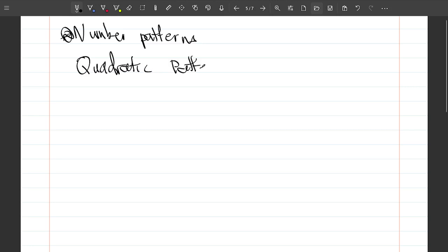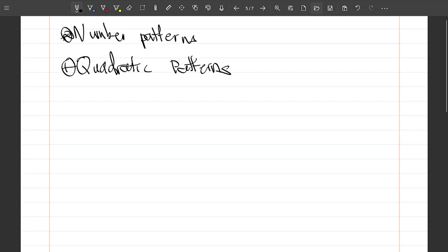The idea of a quadratic number pattern is that each time we take the terms and subtract them from one another, we're not going to get the same value.